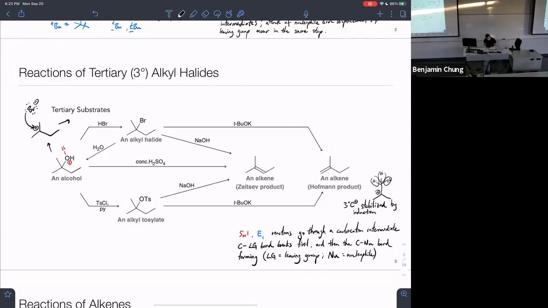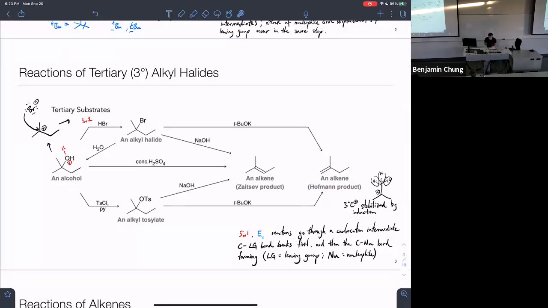And then our bromide can attack the carbon. I'm just going to draw it more clearly to give us the alkyl halide as the product. So if this is not an SN2 reaction, what is it? Yes, it is an SN1 reaction because it goes through the carbocation intermediate.